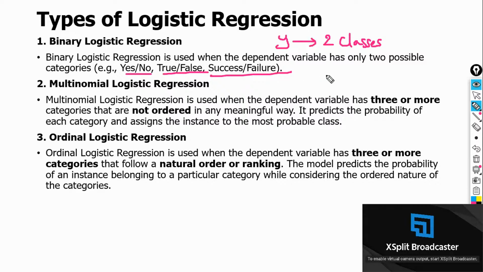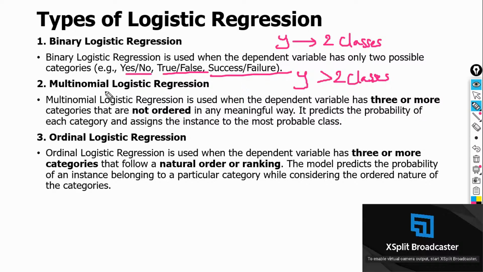What if I have more than two classes under the y variable, under the target column? Can't I use logistic regression? We can use logistic regression, but it is a different type, called multinomial logistic regression.